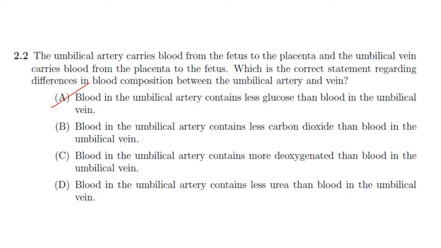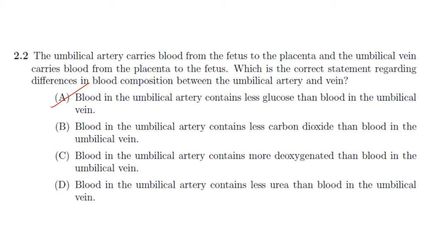So it is told that the umbilical vein carries oxygenated, nutrient-rich blood from the placenta to the fetus, and the umbilical artery carries deoxygenated, nutrient depleted blood from the fetus to the placenta, and umbilical arteries also carry fetal wastes.